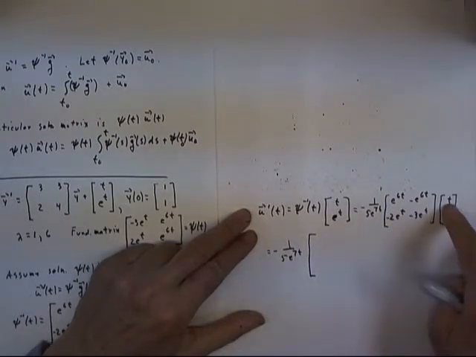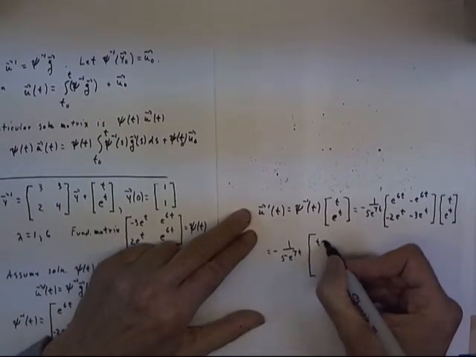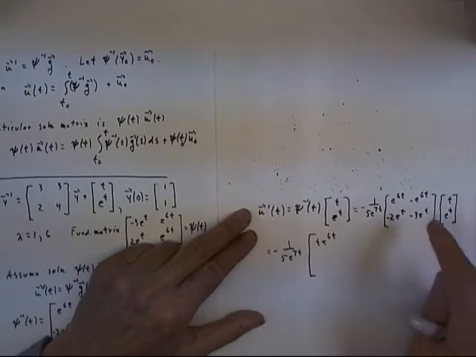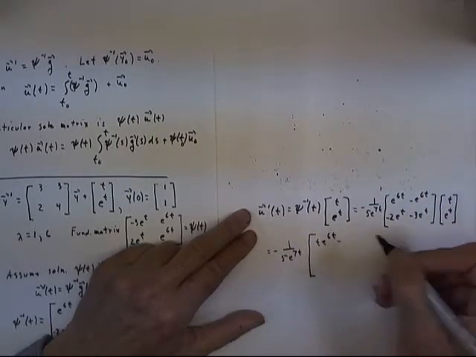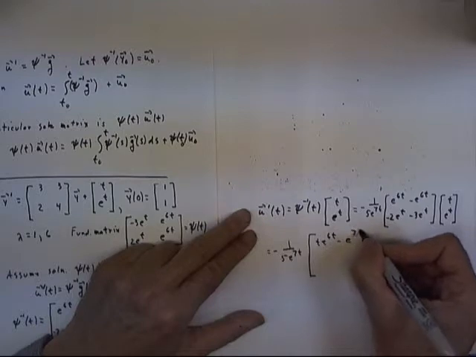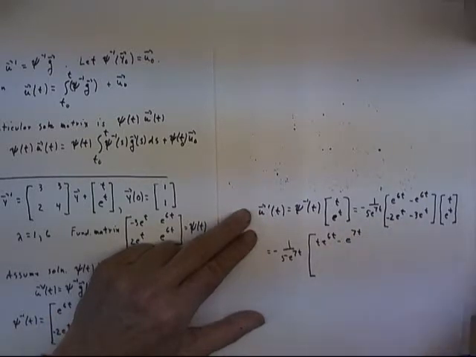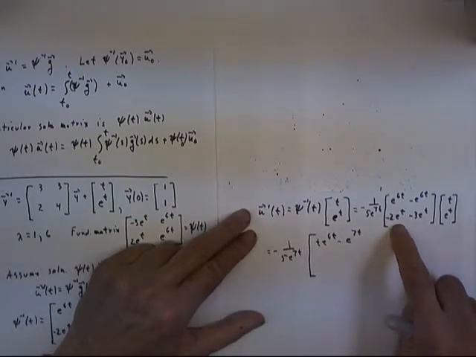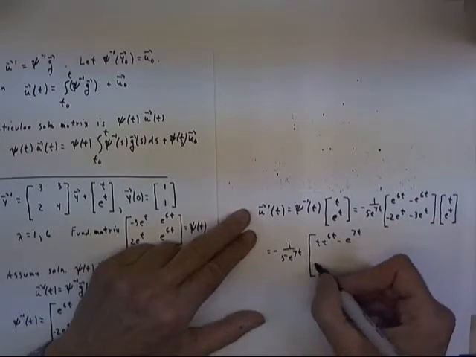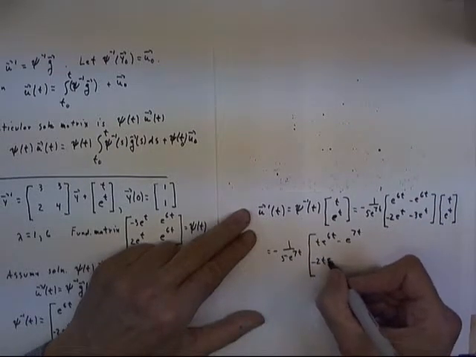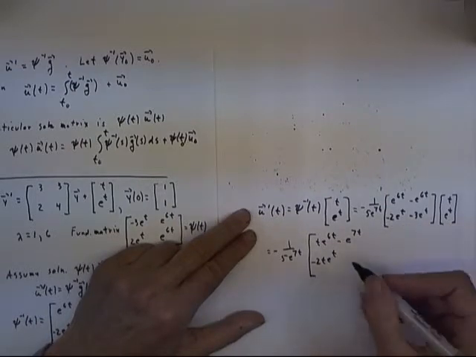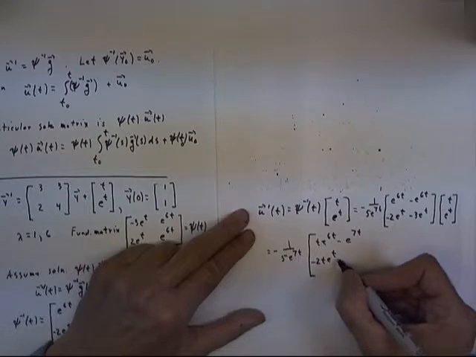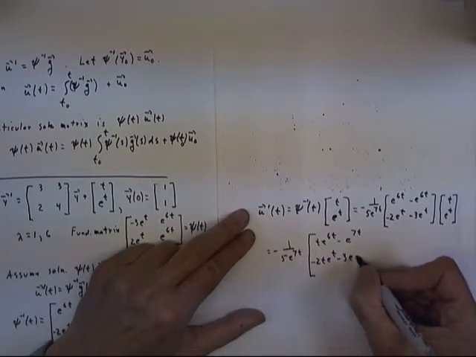Now e to the 6t times t is t e to the 6t. And e to the 6t times e to the t is e to the 7t, and that's negative, so we get negative e to the 7t. Negative 2 e to the t times t is negative 2 t e to the t, and negative 3 e to the t multiplied by e to the t is negative 3 e to the 2t.